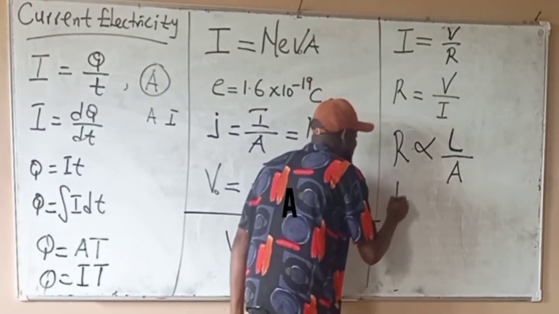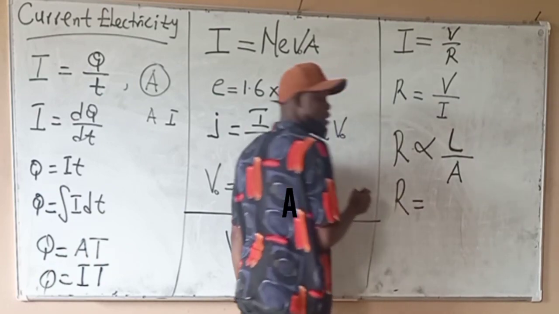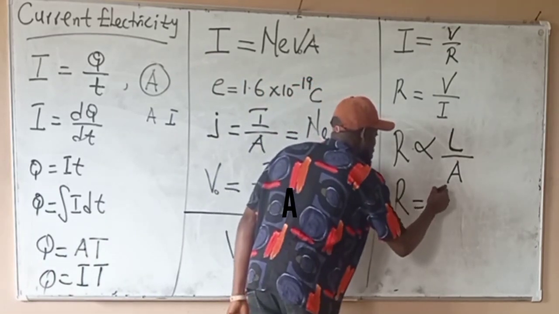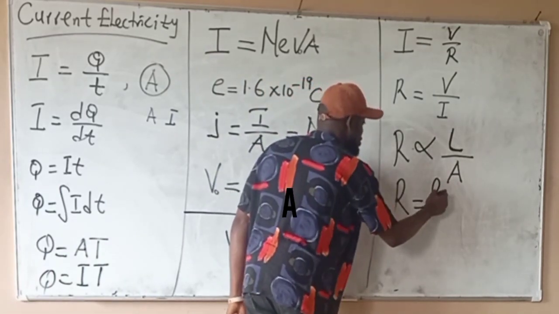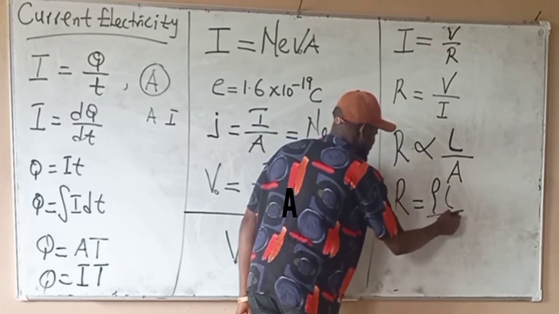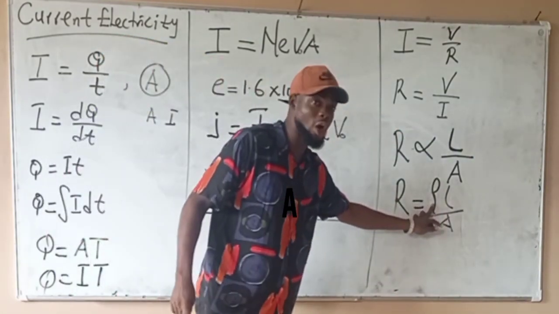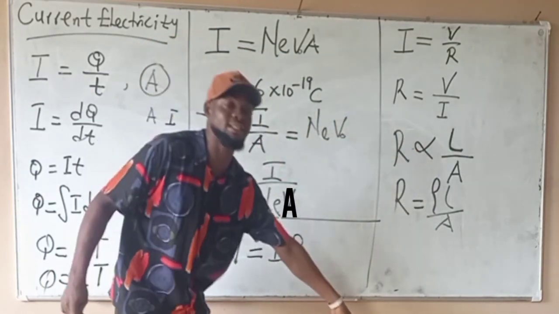So if we decide to remove that sign of proportionality, we are going to insert a constant that we call rho. We'll call it rho, R equals rho L over A, where this rho is called the resistivity of the material.